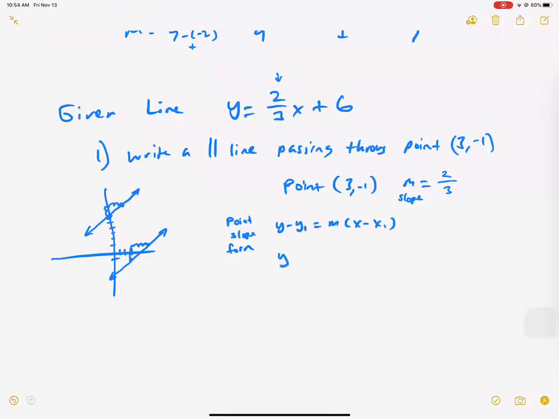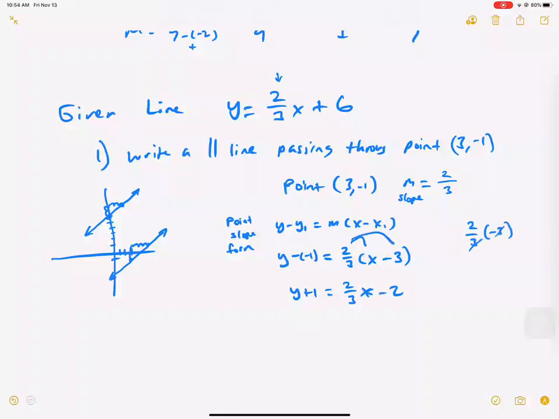So y - 1 equals 2 over 3 x minus 3. I'm going to rewrite this as y plus 1, and multiply the fraction, 2 over 3 x. 2 over 3 times 3 gives me a -2. Then we write on the side 2 over 3 times -3.